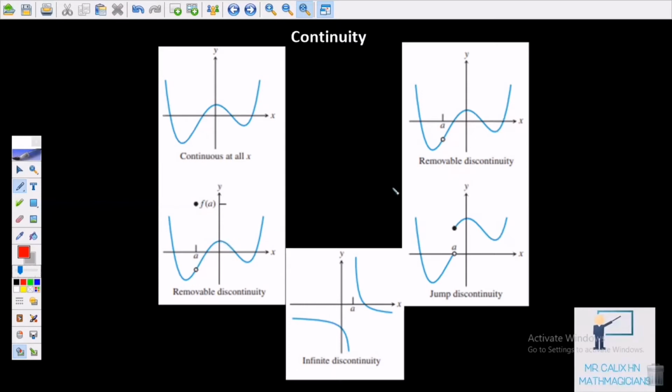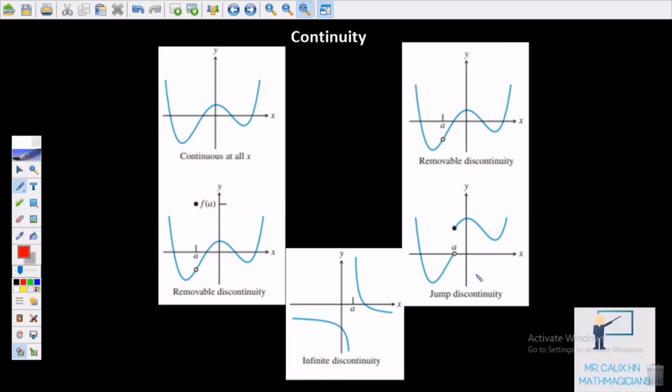Then we go for the removable discontinuity also. It says this graph is also a removable discontinuity at x equals a. Then we have the jump discontinuity. Here is a discontinuity that is not removable. It is a jump discontinuity because there is more than just a hole at x equals a.